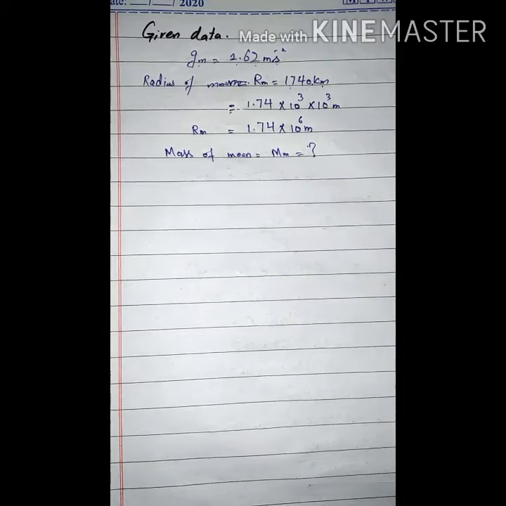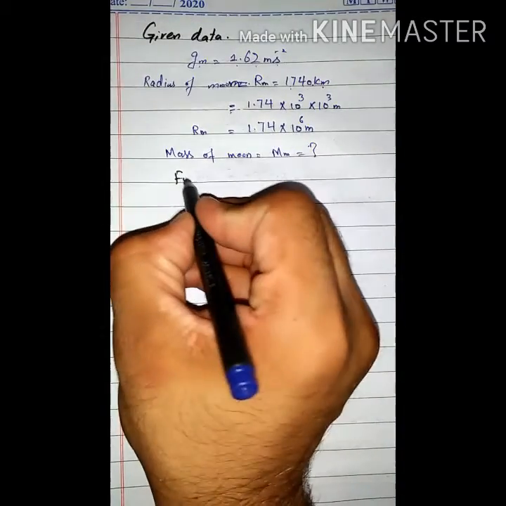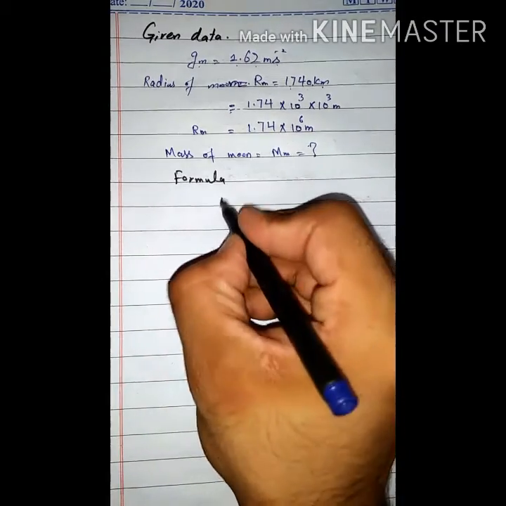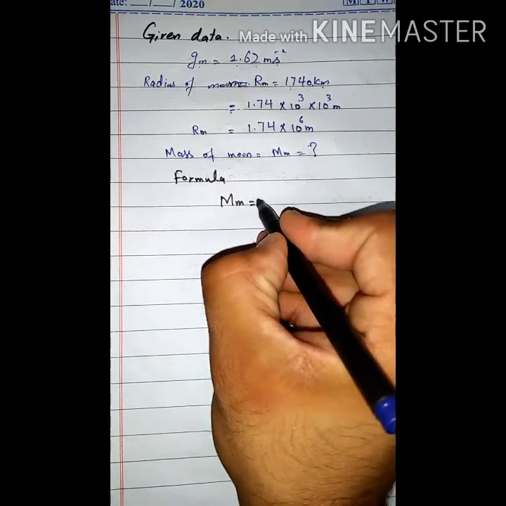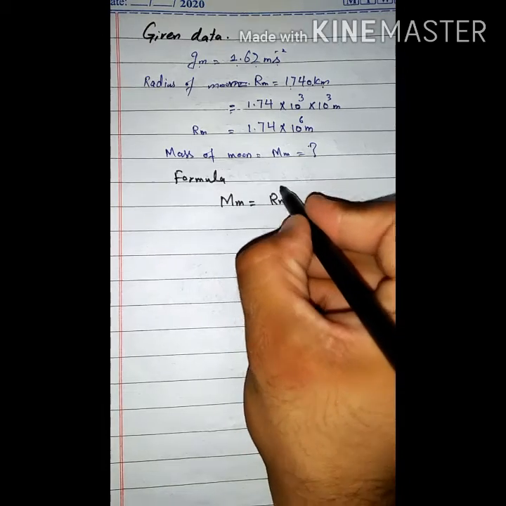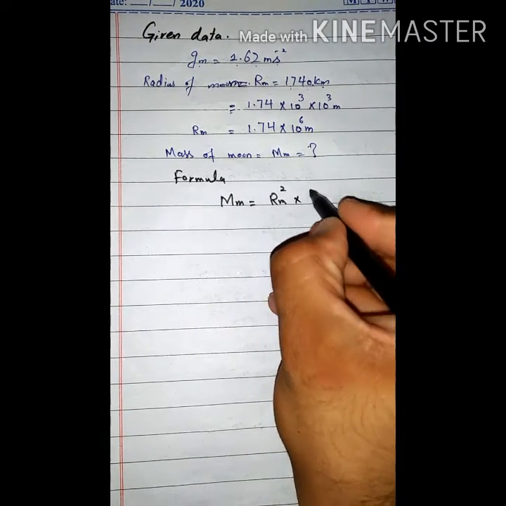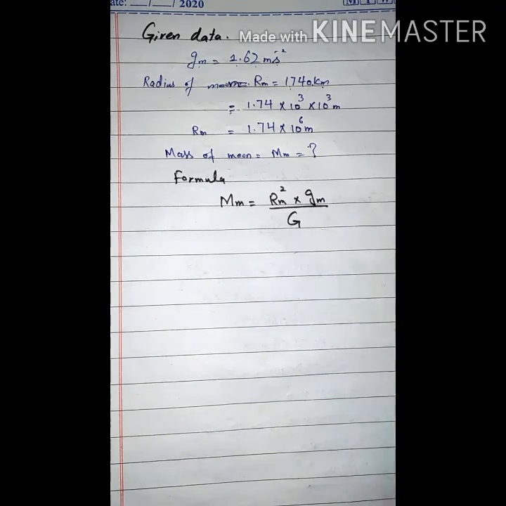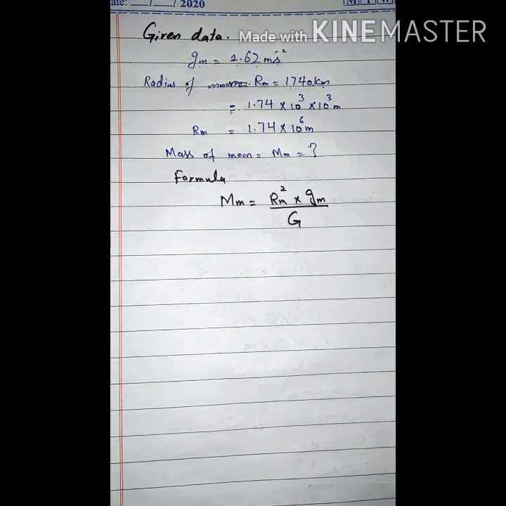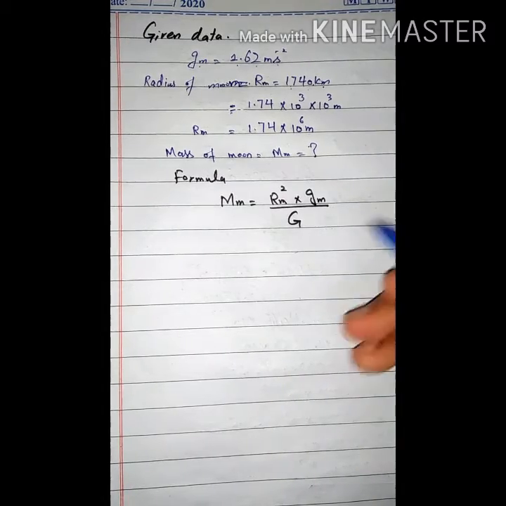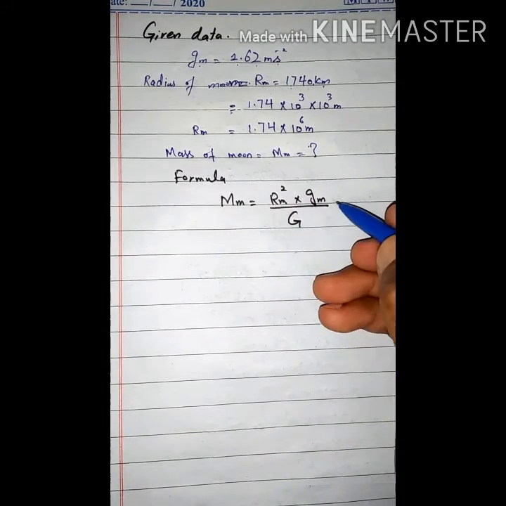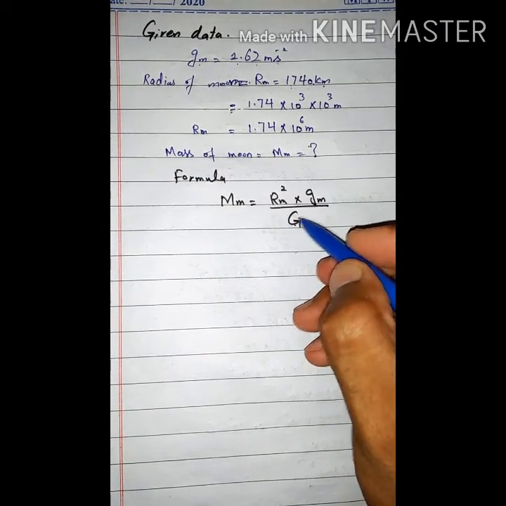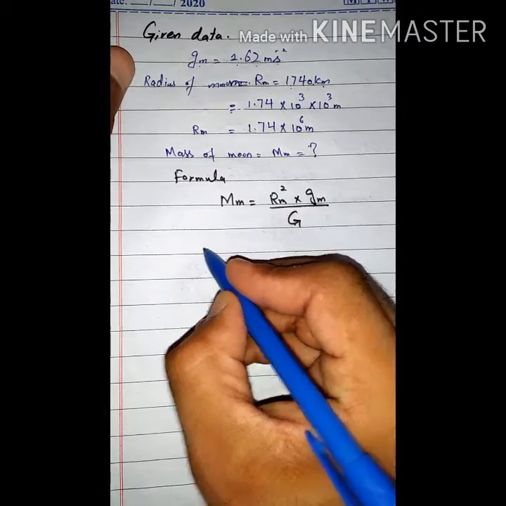So the formula we know is Mm is equal to rm square multiplied by gm over G. In the first numerical we have used the formula, and rearranging the formula it can be found in this form. So now by putting values, Mm we have to find.